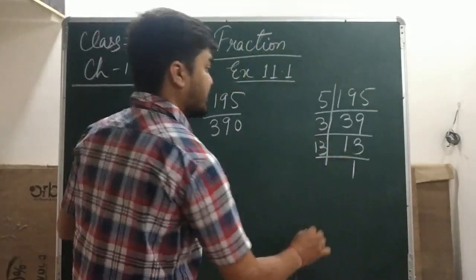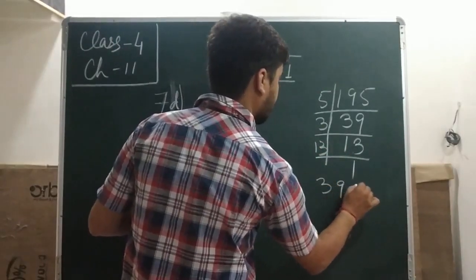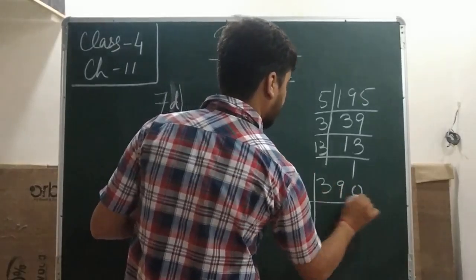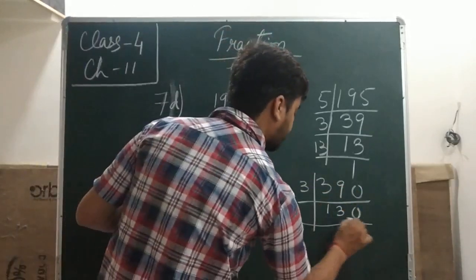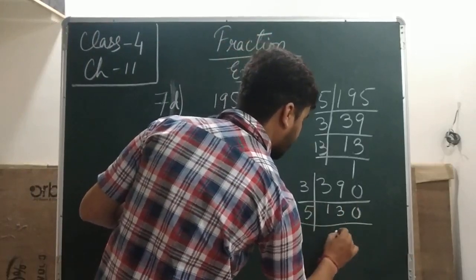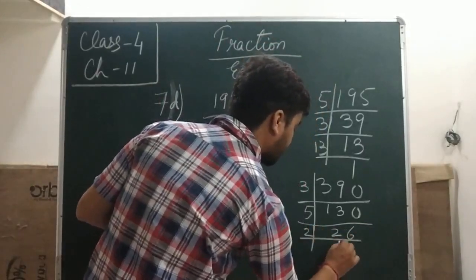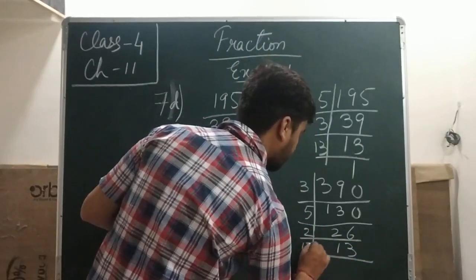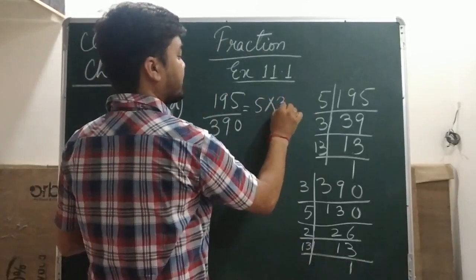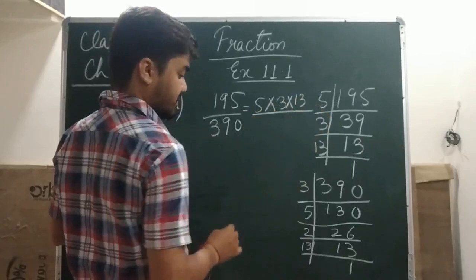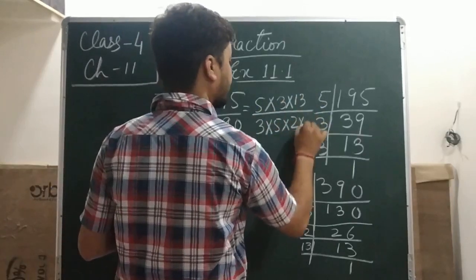And the 13. So factors we will write here: 5 into 3 into 13, and 390 factors we will write 3 into 5 into 2 into 13.